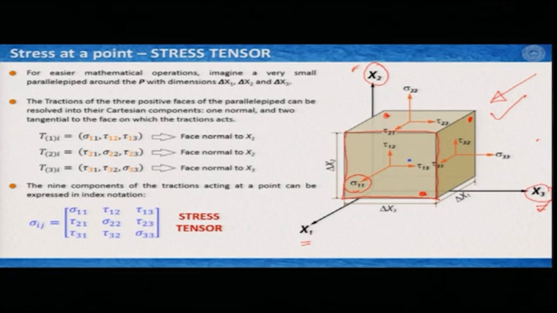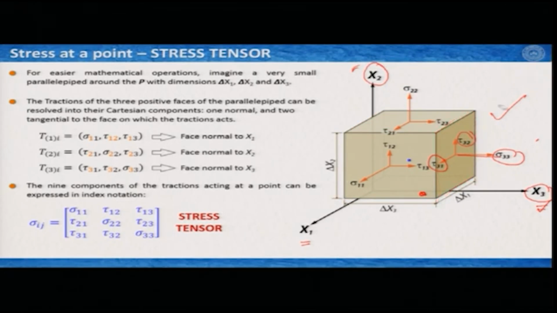A similar case happens if we consider the plane which is perpendicular to x3: sigma 3 3 is a normal stress component working along the x3 direction, then 2 shear stress components, tau 3 2 and tau 3 1. And similarly, on this plane which is perpendicular to x2, we would have a normal stress component acting towards x2 and then 2 shear stress components.